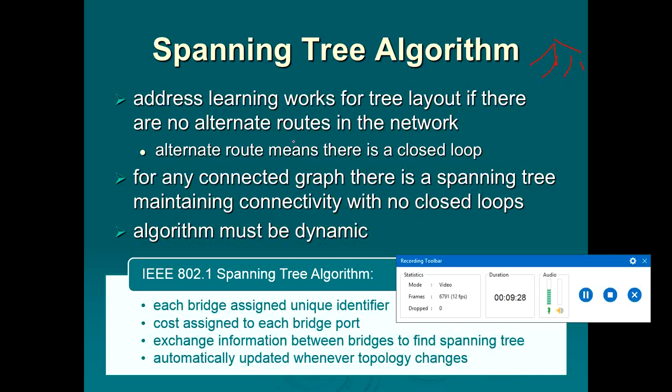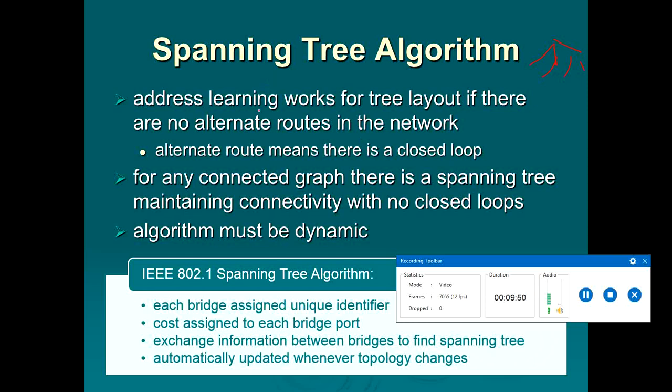The address learning mechanism which we have discussed is effective if the topology of the internet is a tree, that means there are no alternate routes. The existence of an alternate route means that there is a closed loop.